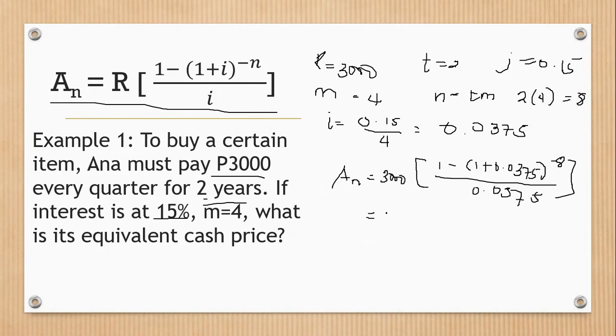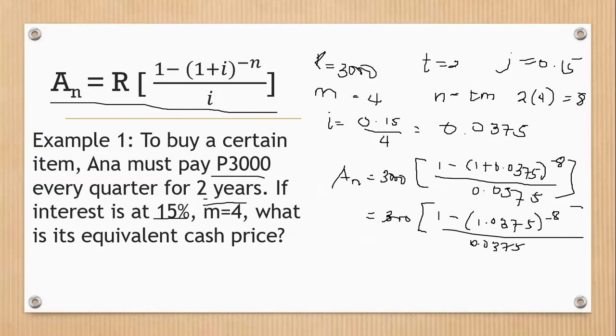Next, 3,000 times the quantity 1 minus 1.0375 raised to negative 8, divided by 0.0375. Simplify muna natin.